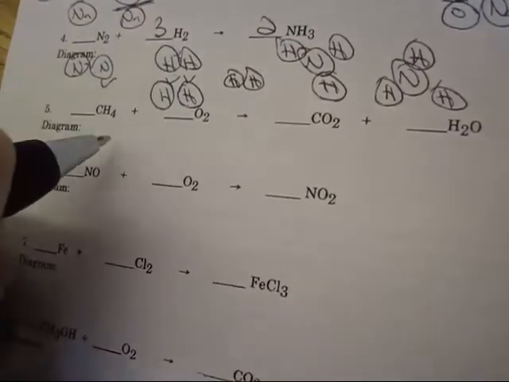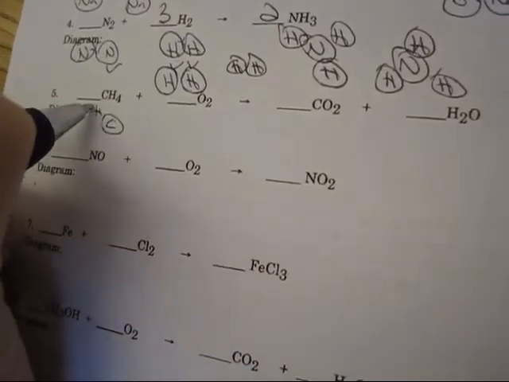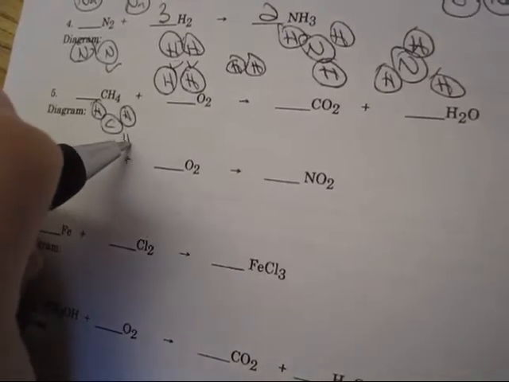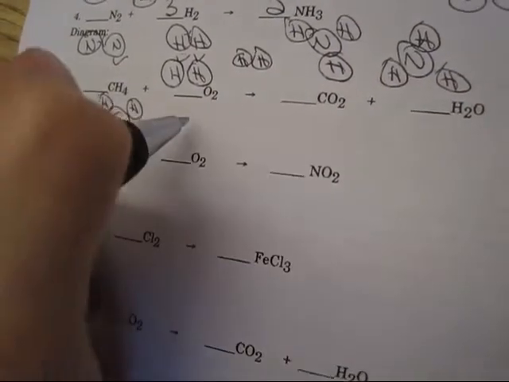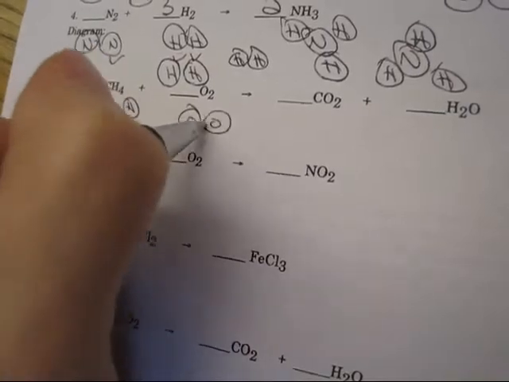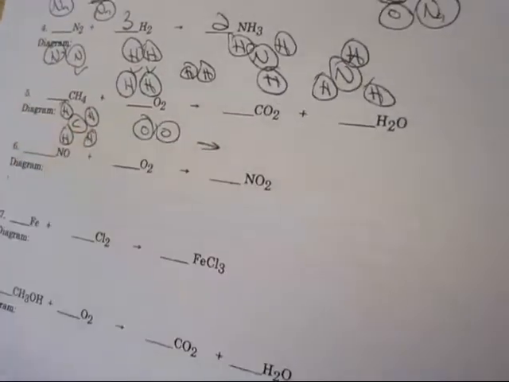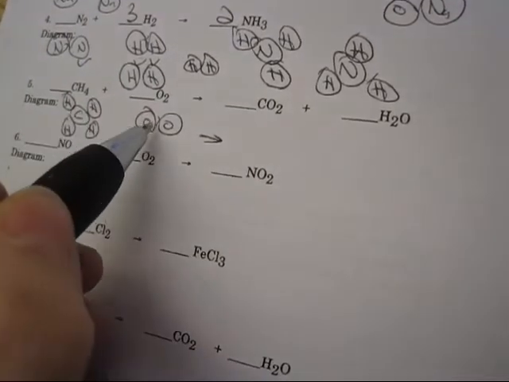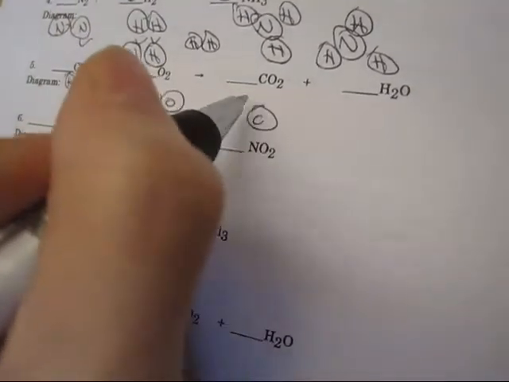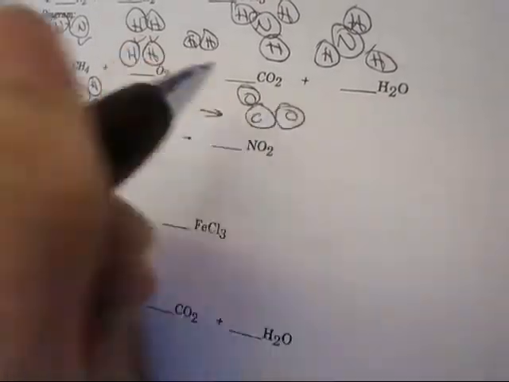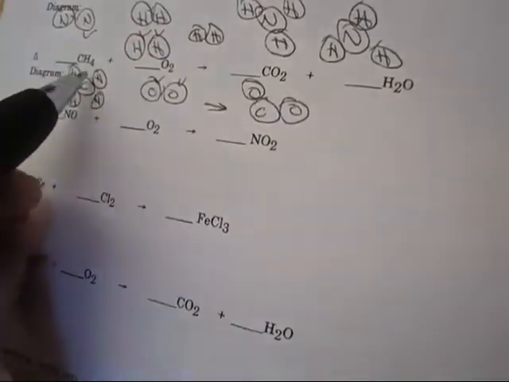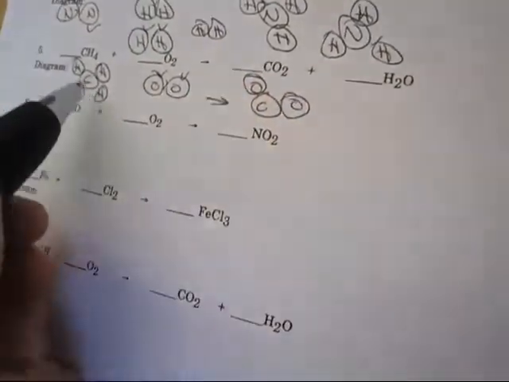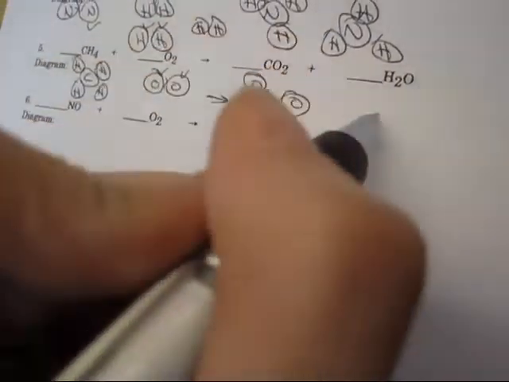Okay, here I have carbon with 4 hydrogens, 3, 4, and oxygens. Okay, and I'm making carbon dioxide and water. So what I could do right now is I could take this carbon and these 2 oxygens, and I could make carbon dioxide using these. But then I've just got hydrogens left over, and I've got 4 hydrogens.